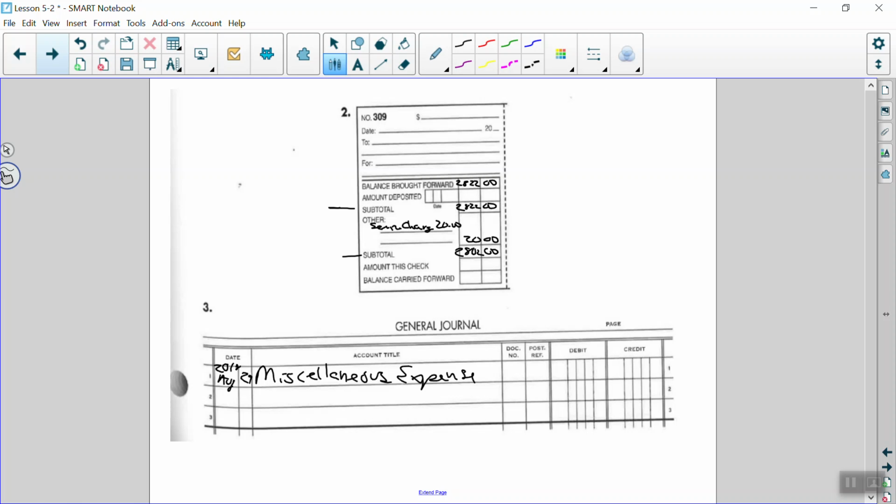There'll be a memo for the source document, so I'm gonna put M77 in the document column. It's a debit for $20. When I come down, I indent, I'm gonna put cash, credit 20. Then we would post this.